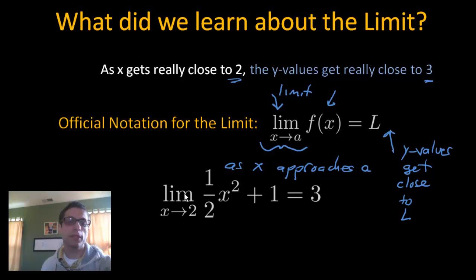So for us, the limit of 1/2 x squared plus 1, as x got close to 2, we saw that the y values were getting close to 3.